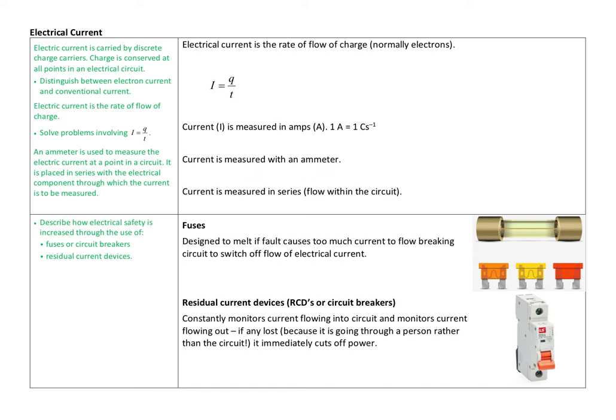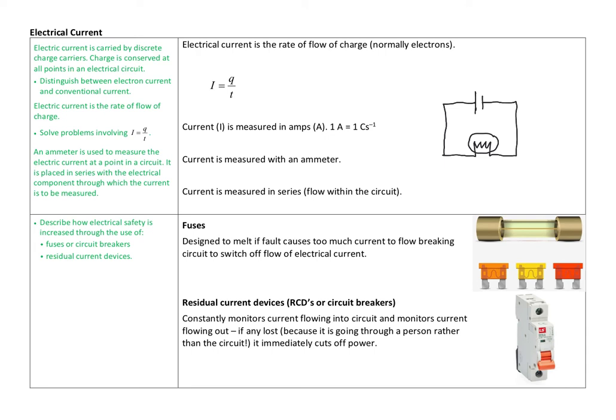Current is measured with an ammeter, and current is measured in series within the circuit. I probably should have pre-drawn that diagram, but if I think of that simple circuit we had before, we use the 2 lines for our power supply. We'll talk more about that later. We'll indicate a light bulb in that circuit.